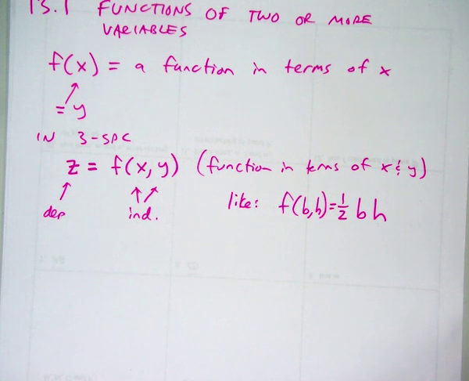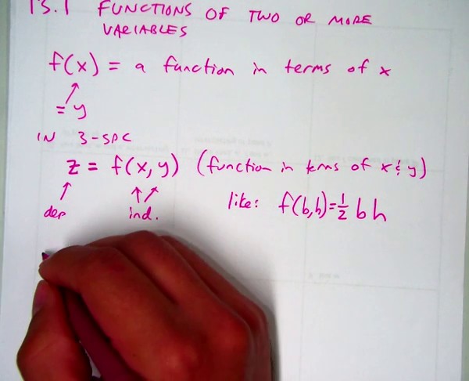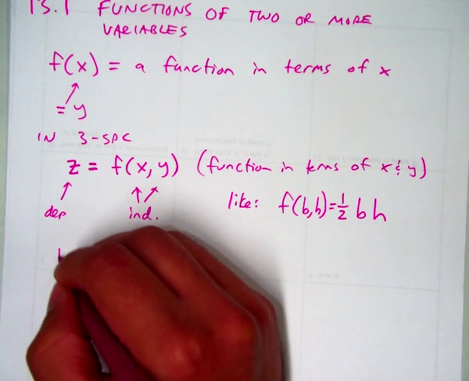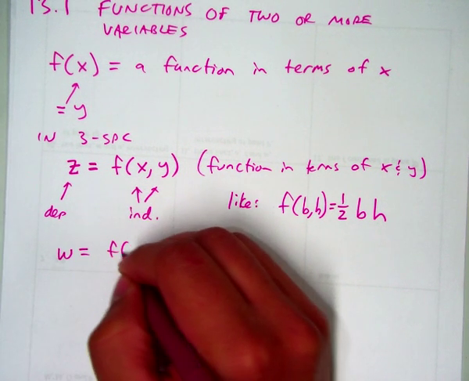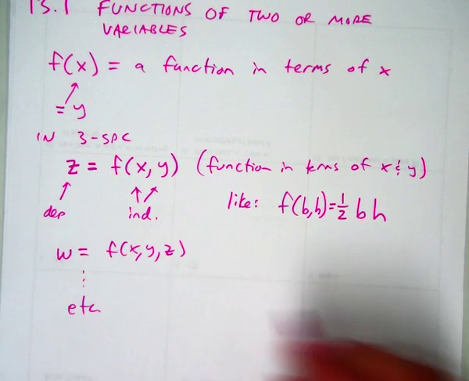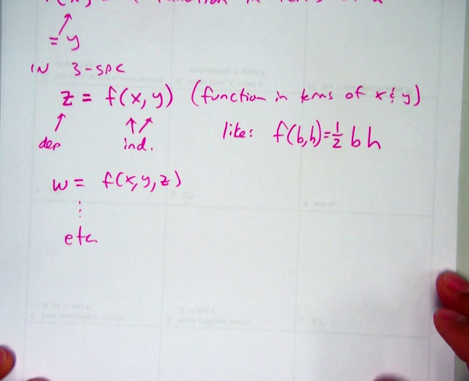This idea can also be extended into more dimensions. So sometimes you'll also see maybe w equals f of x, y, z, etc. Okay. So that's just some notational issues.